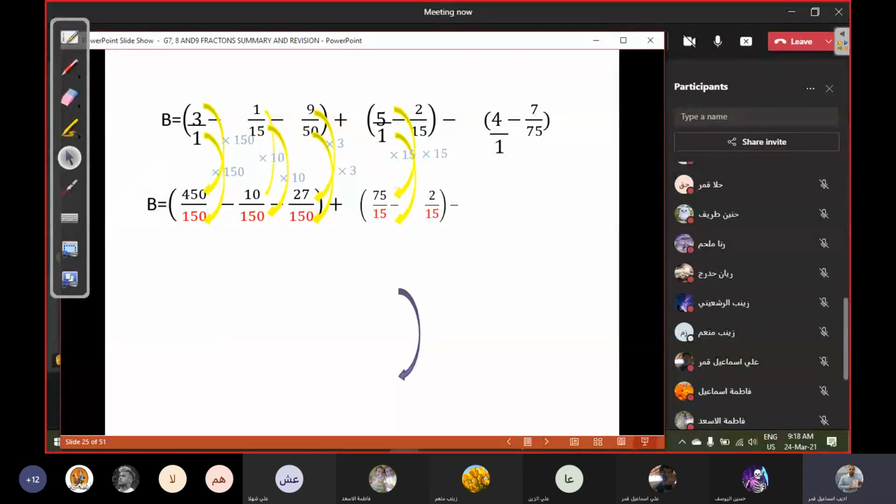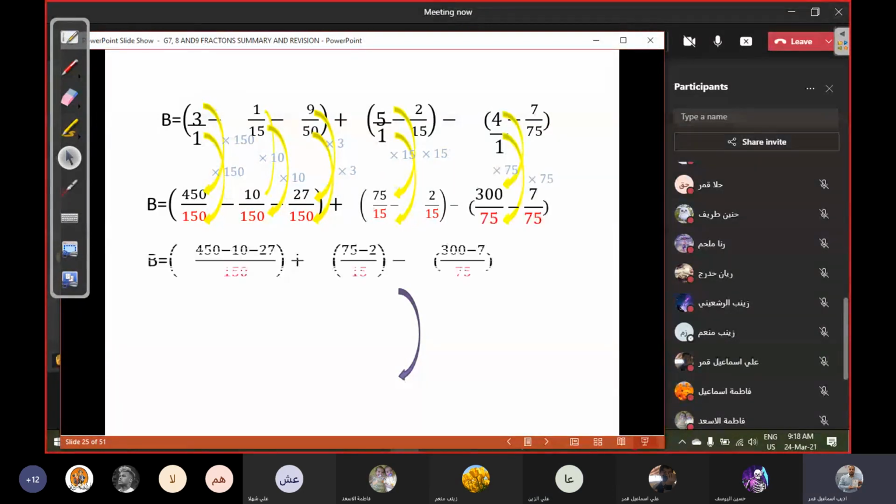Now inside the parentheses we have a common denominator. So we can subtract the numerators or add, according to the sign we have. We can subtract the numerators. The last answer comes out like this.